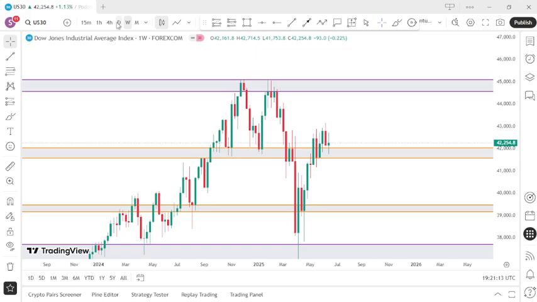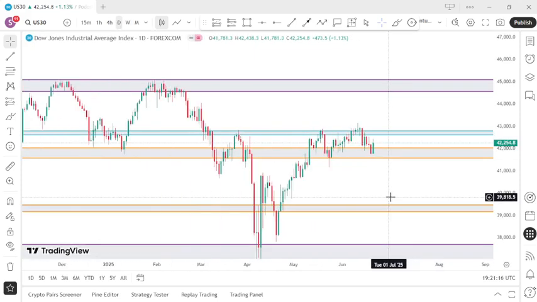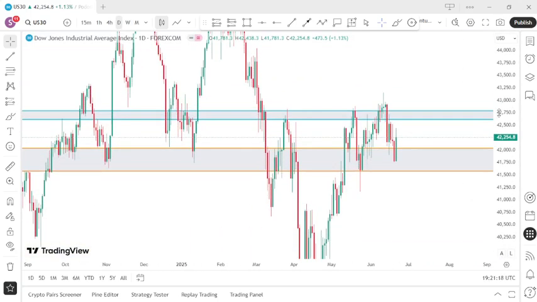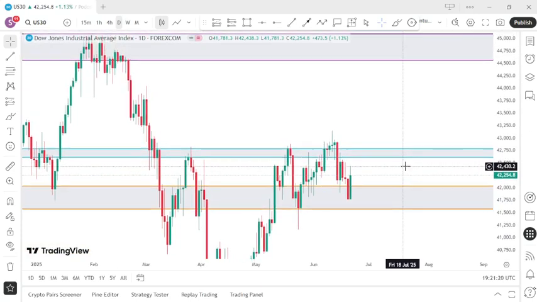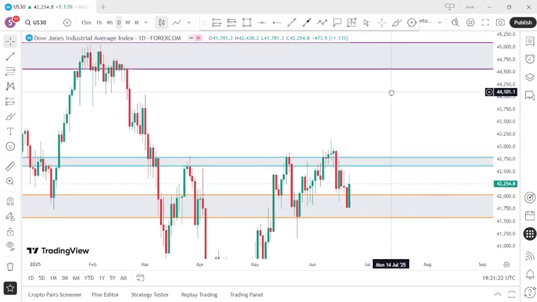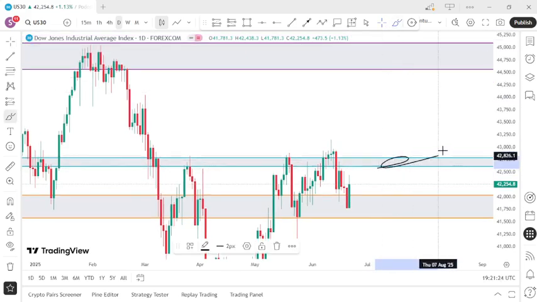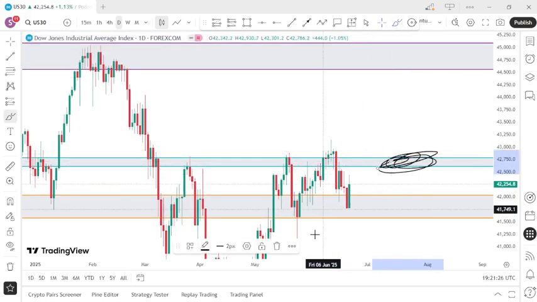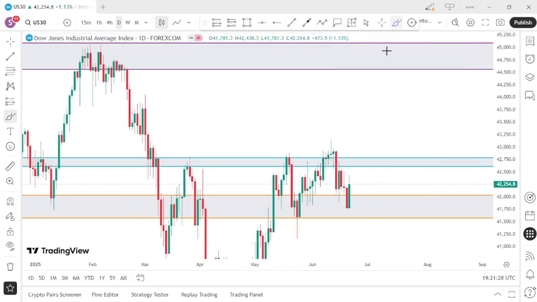So let's go to the daily time frame on US30. Here on the daily time frame on US30, I have my daily midway zone here. We could see that price has created a double bottom after the retest. This was the first bottom.